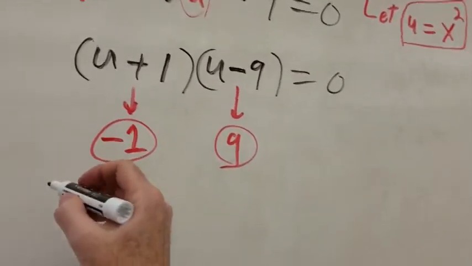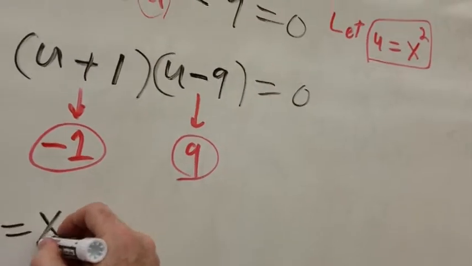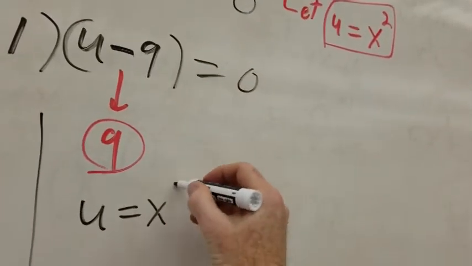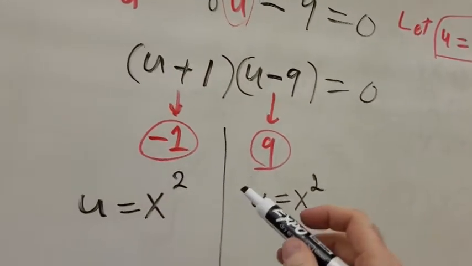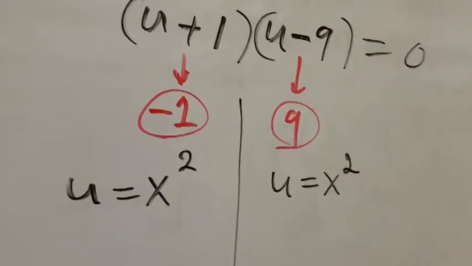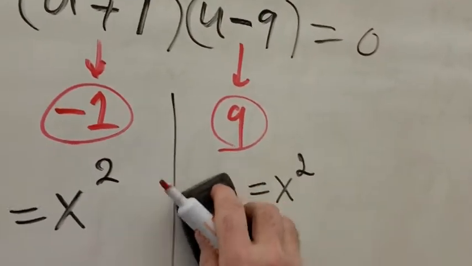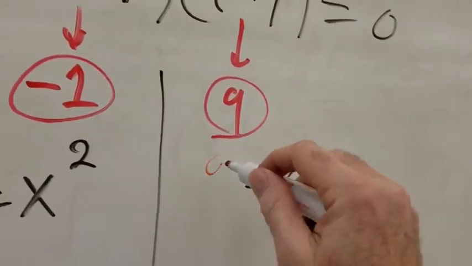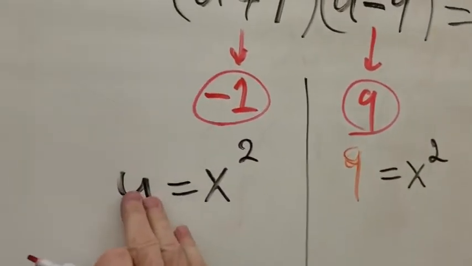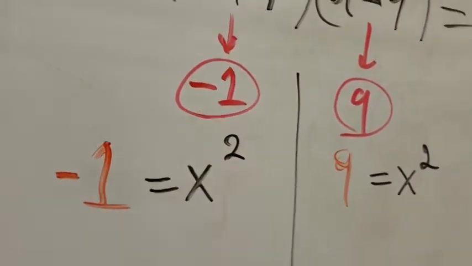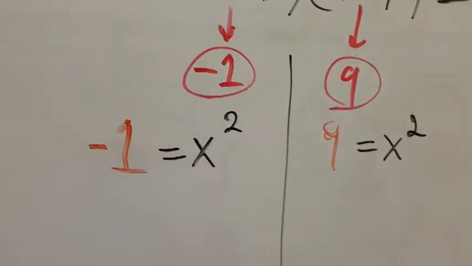U equals x squared. And let's plug in that 9 for U. Let's erase here, plug in that 9, and let's erase this U and plug in a negative 1 there. So we've done some substitution.